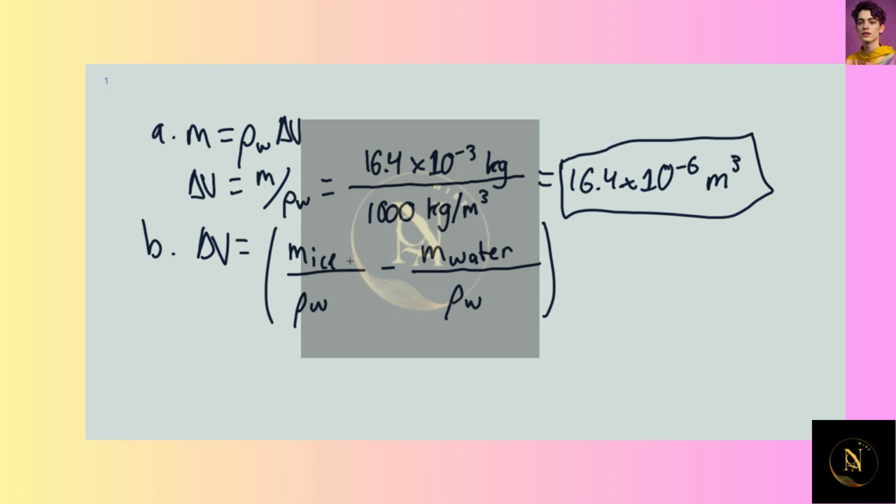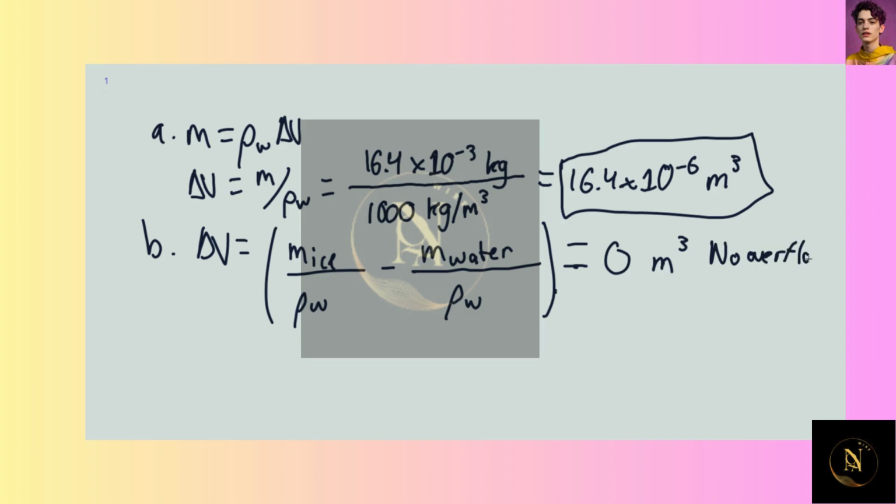Now, we have to notice that when ice melts, its mass does not change. It actually becomes more dense. So if this isn't reason enough, there isn't going to be any volume change, which means there's not going to be any overflow.